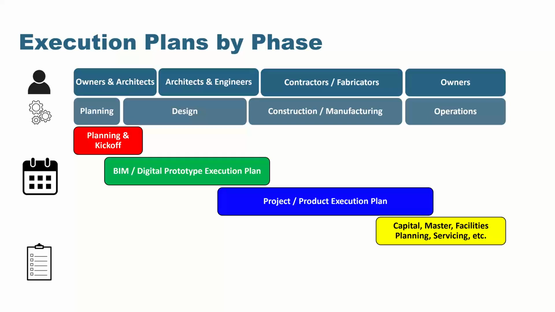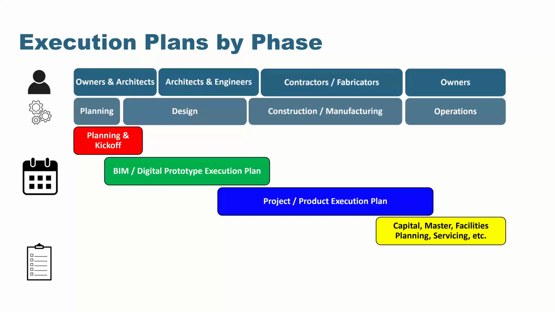We have our phases: the planning, design, manufacturing, construction, and then of course operations. And we have a little bit of overlap in each of these, right? So what we have today are plans for each of these phases and for these personas. They've all got their plan, and their plans certainly cross over phases, but what do we have that actually connects the dots between these plans?